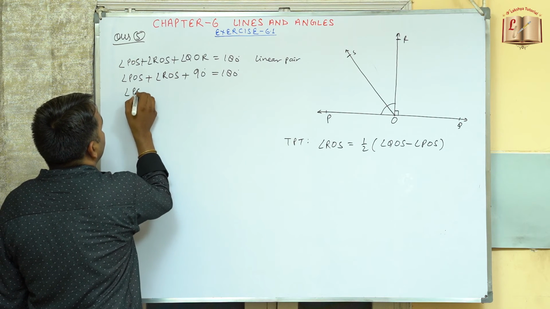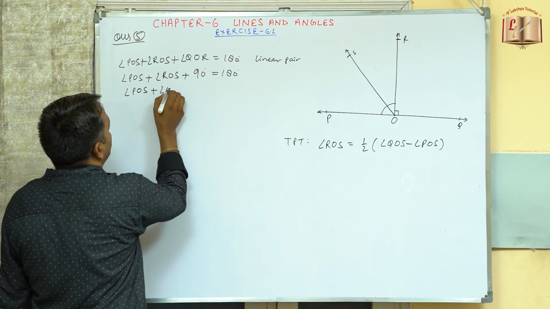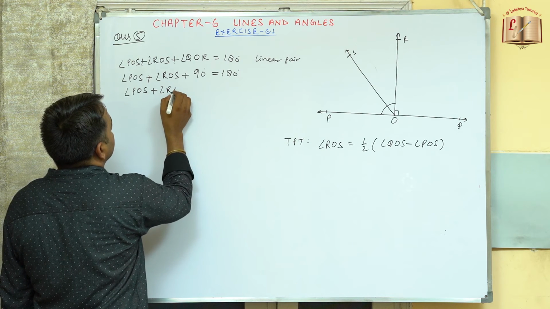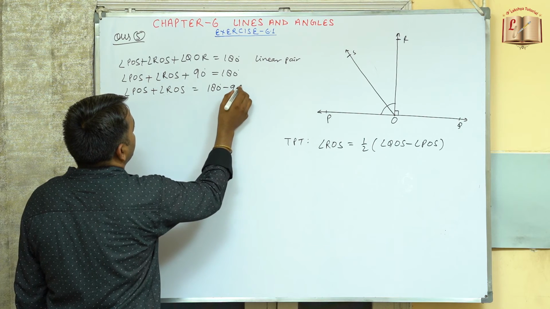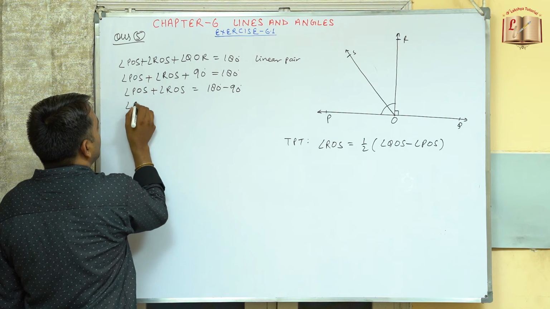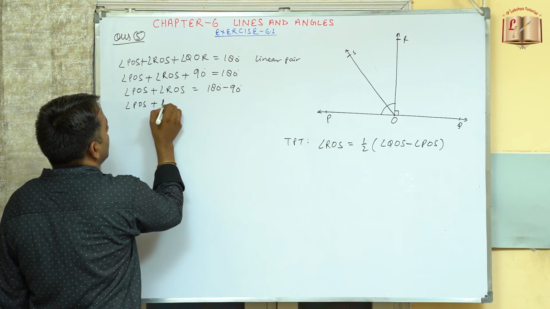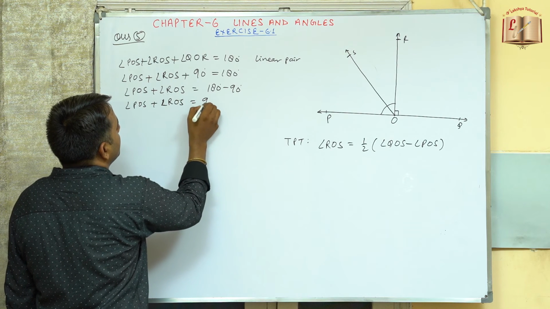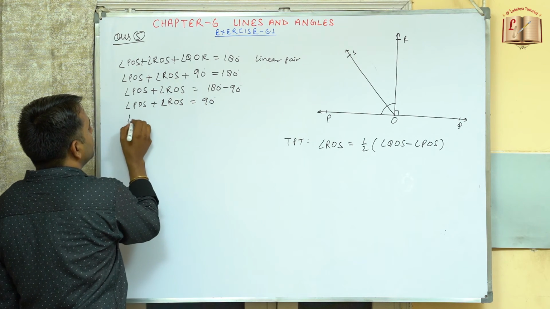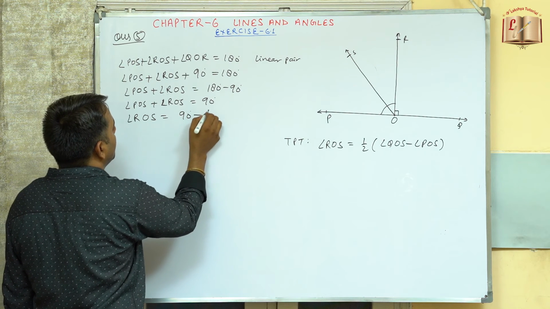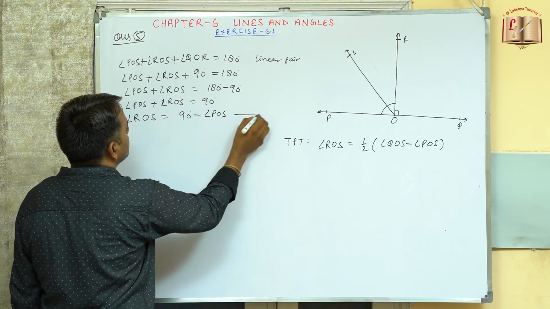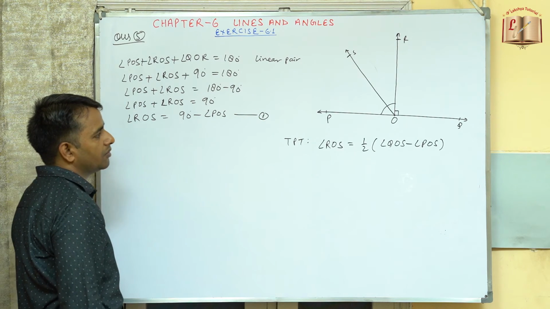So angle POS plus angle ROS will be equal to 180 degrees minus 90 degrees. So we got angle POS plus angle ROS as 90 degrees, or simply I can find angle ROS is equal to 90 degrees minus angle POS. Take it as equation number 1.